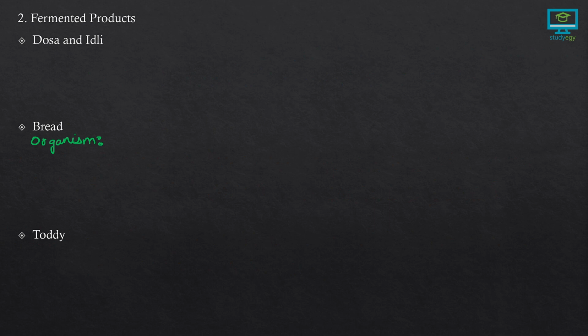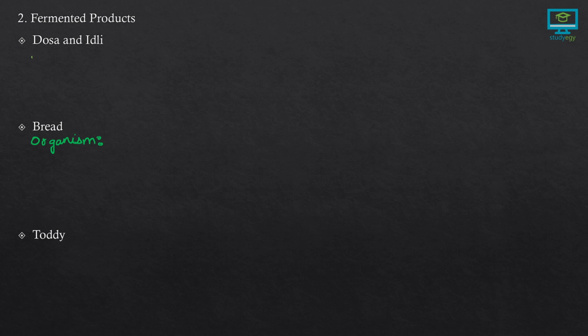Now coming to the fermented products: dosa, bread and toddy. These three products which we use in our daily lives are fermented through one or the other means. In the dosa, CO2 is released by the bacteria. Naturally, bacteria are present in the rice and the lentils.